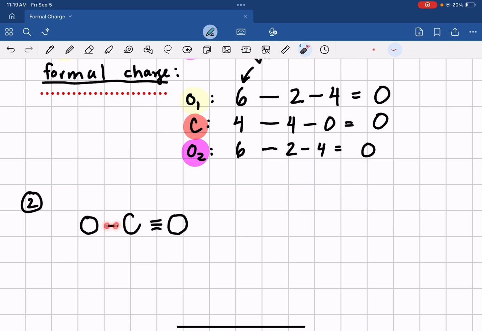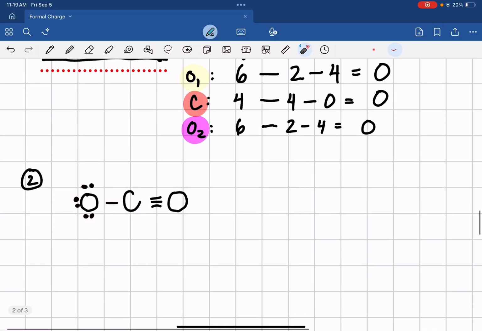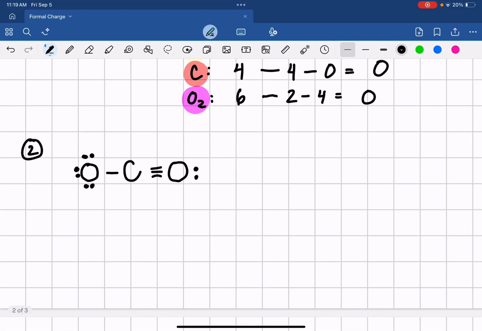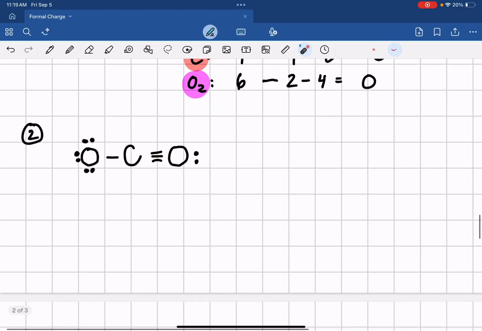Let's fill out 1, 2, 3, 4, 5, 6. Should have a total of 8. Let's count that. 1, 2, 3, 4, 5, 6, 7, 8. Perfect. Let's count this oxygen. 1 through 8. Perfect. Let's double check for carbon as well. 1 through 8. Perfect. Each one of them has 8 electrons.